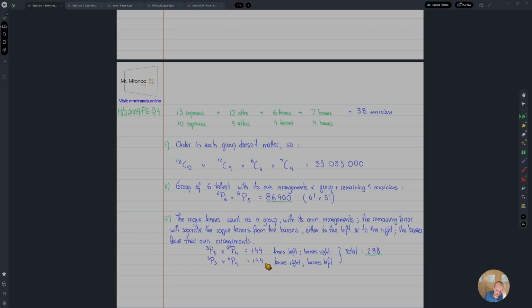And you have the exact same number for the situation in which you have the tenors on the right and the basses on the left. The tenor that is in between the groups doesn't count. All right, he's standing there, so there are no more arrangements for this person. Okay, so you have a total of 288 arrangements.